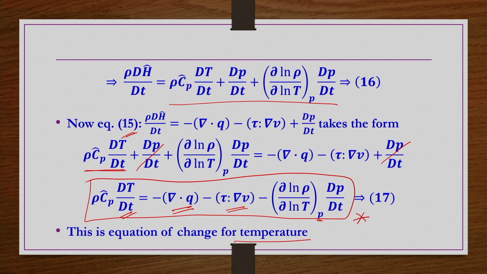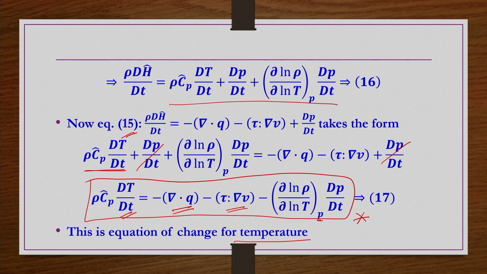All these equations of change that we have seen are energy equations only. The first equation includes all three forms of energy, that is kinetic energy, potential energy and internal energy. Then we have written it separately for internal energy, then separately for enthalpy, and now separately in the form of temperature.